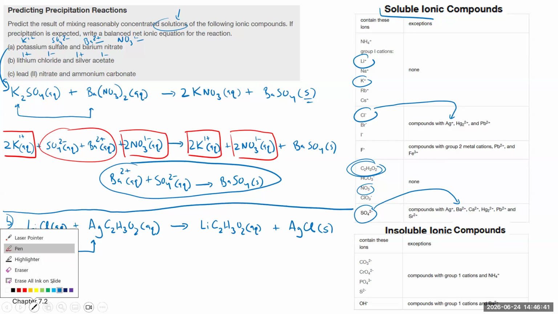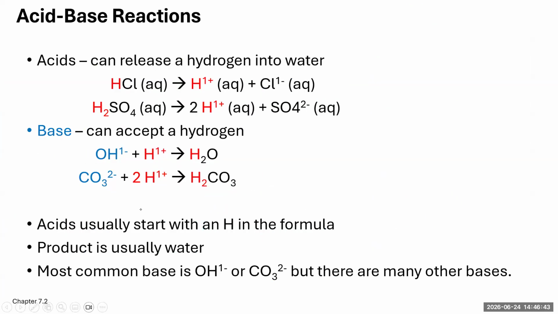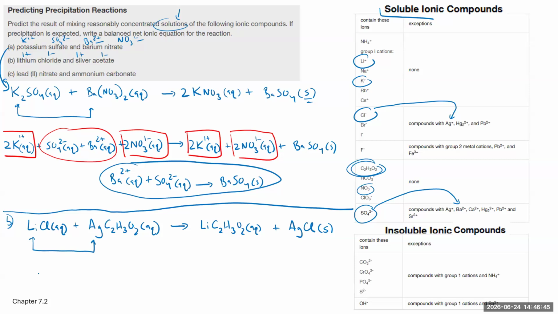I'm gonna break all the ions apart. Let me just move this stuff out of the way so we can see better. All right, so lithium, I'm gonna draw it a little higher because I'm running out of room.